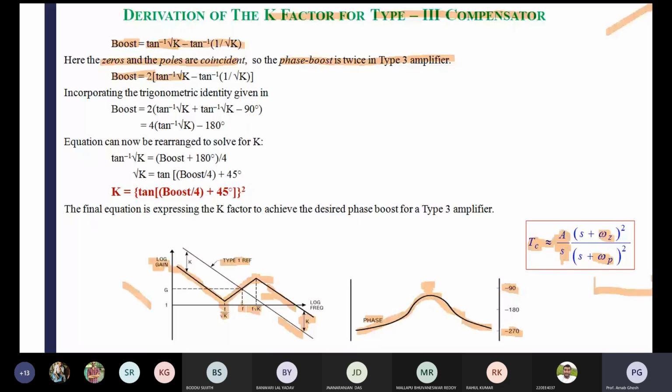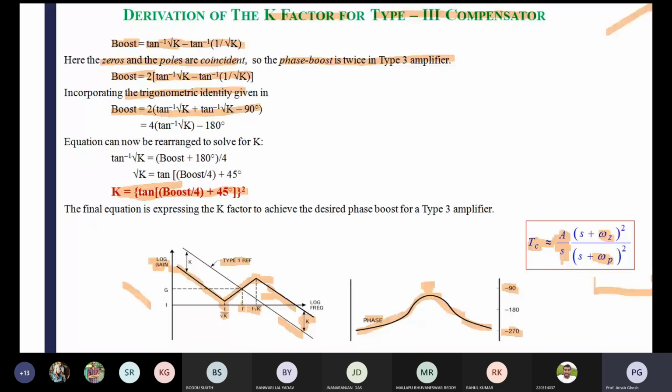Incorporating the trigonometric identity already given, we finally calculate the k value in the type 3 controller: k equals tan squared of (boost by 4 plus 45 degrees). That is your k value for the type 3 compensator.